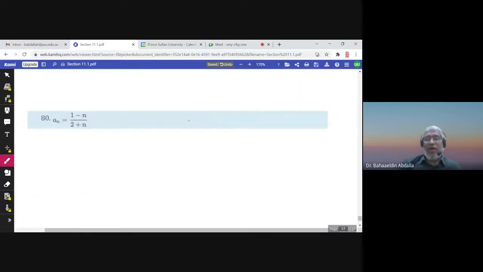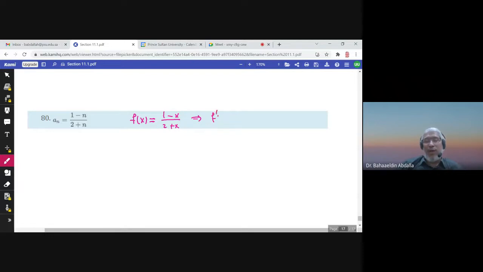Here I have n above and n below in the numerator and the denominator. So to show that it's increasing or decreasing, I need to work with functions. So f of x is (1 minus x) over (2 plus x).